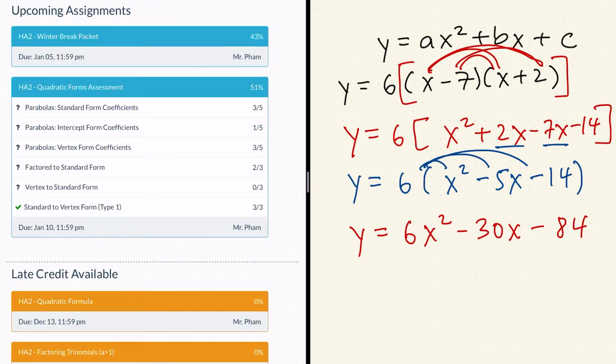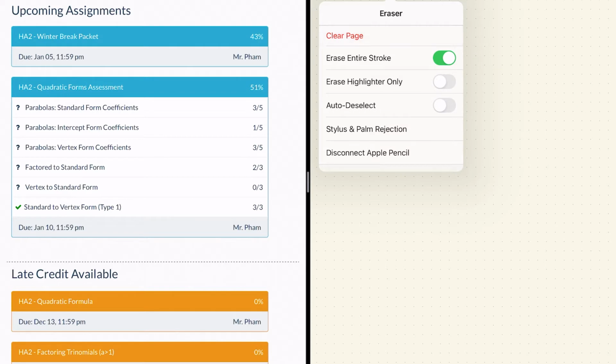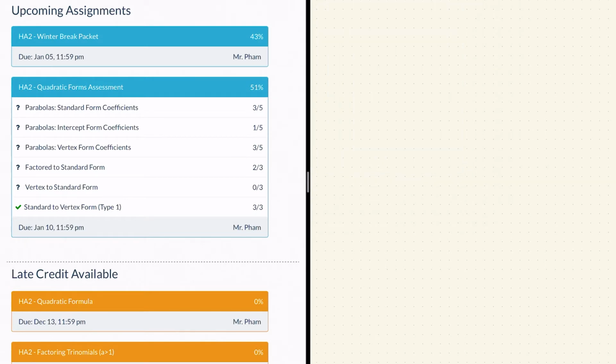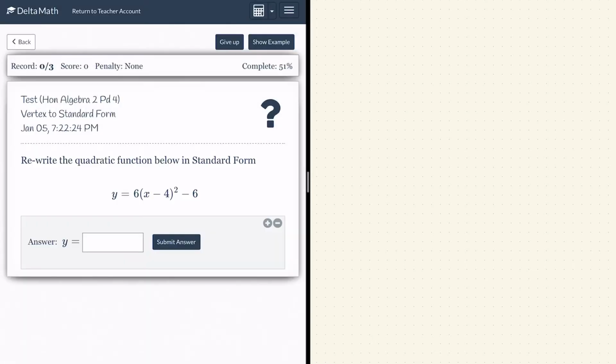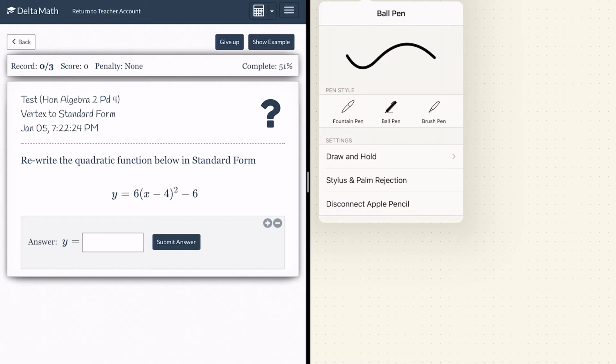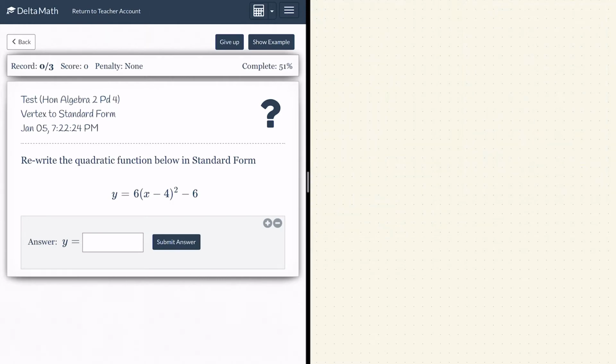So the next type of form that we need to go is from vertex form to standard form. And going from vertex form to standard form is very similar to going from factored form to standard form, except there's a bit more work.